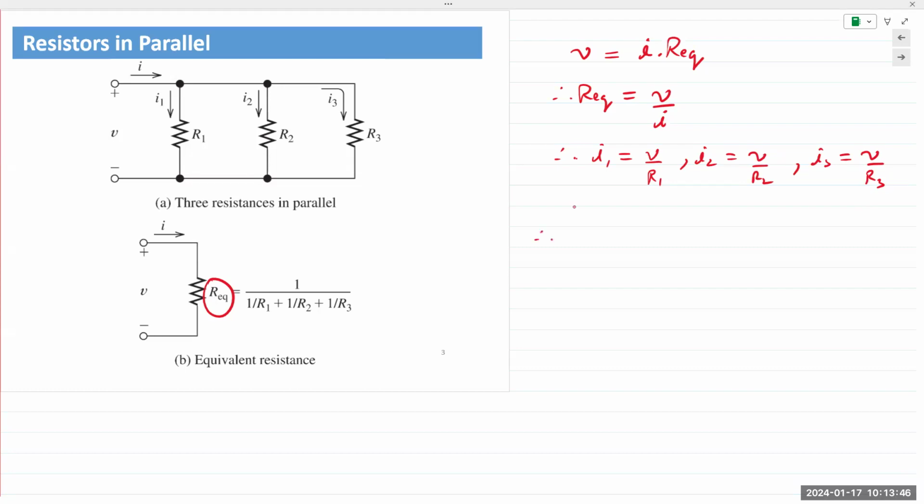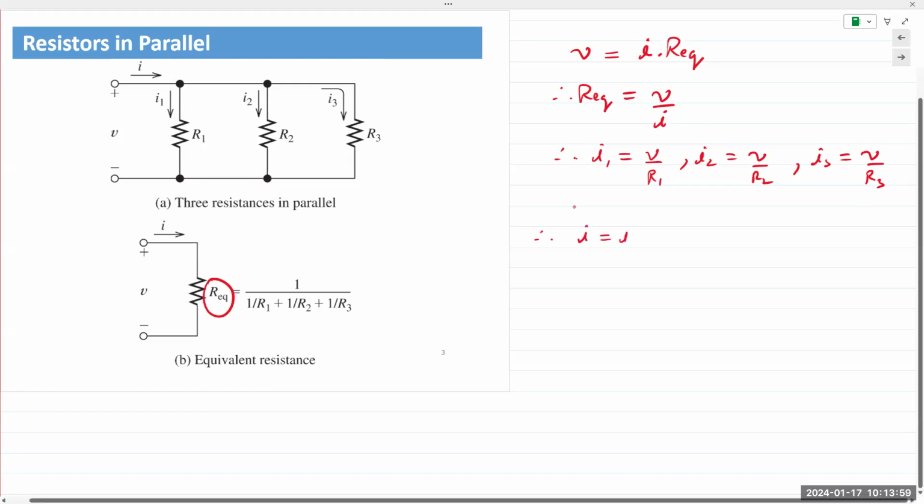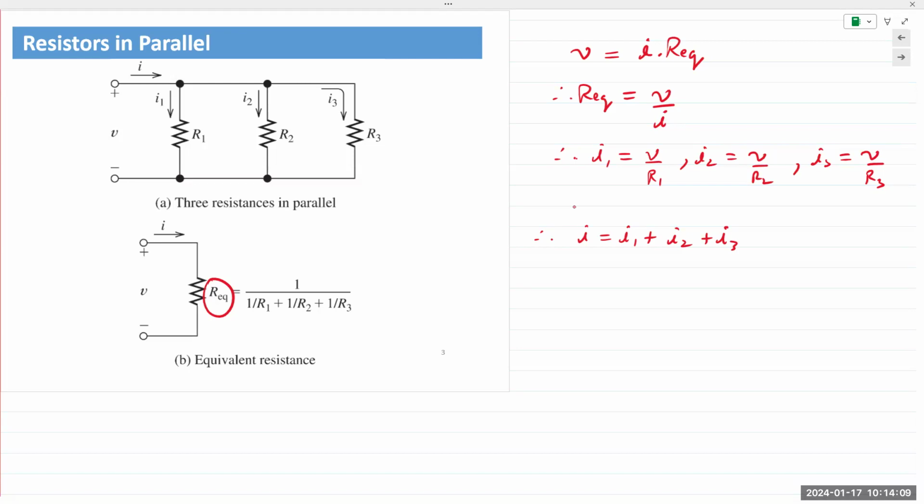And I can either apply KCL or use the same voltage across all resistances. I can get I is equal to I1 plus I2 plus I3. You plug in the values from above into this equation.